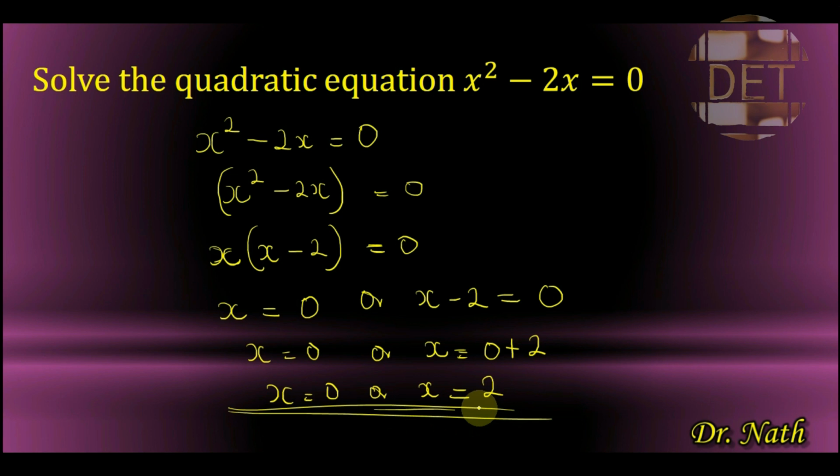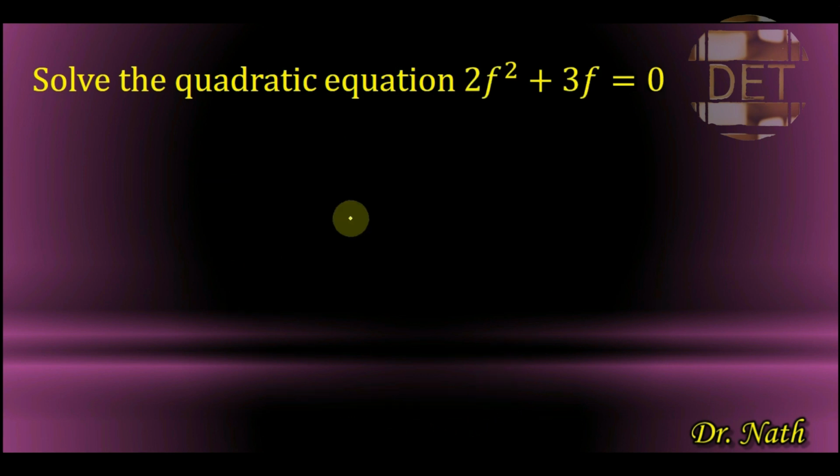To take us further, let's look at another example. I have here: solve the quadratic equation 2f squared plus 3f is equal to 0. So the equation is 2f squared plus 3f is equal to 0. Just as I did in the previous example, the same thing I will also do here.